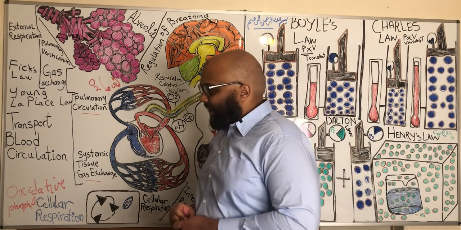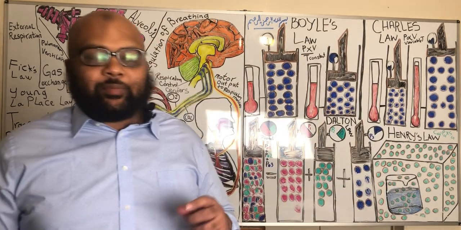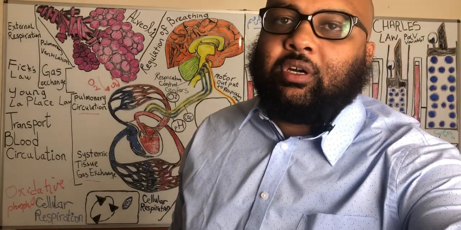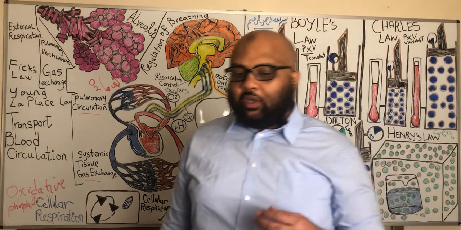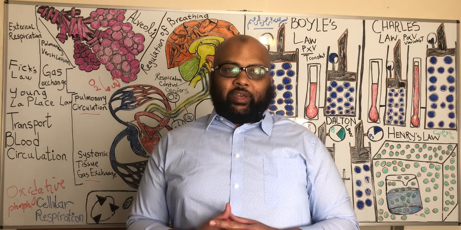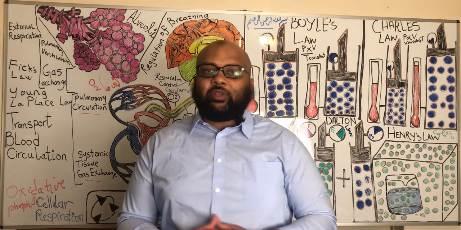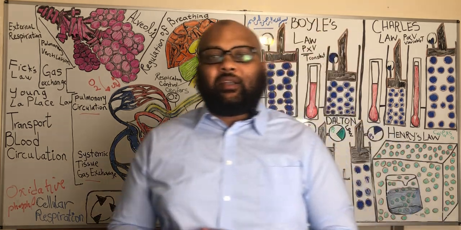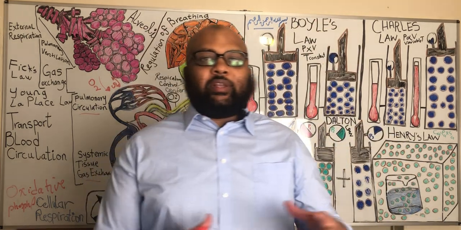I alluded in the past to the concept of pressure: fluids never move from one area to another, except when the pressure is higher in one area and lower in the other.